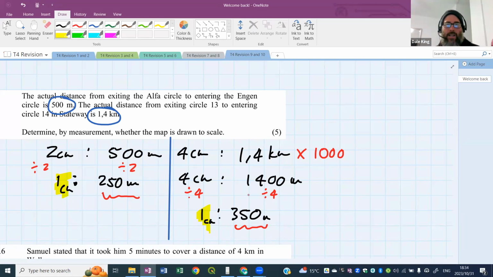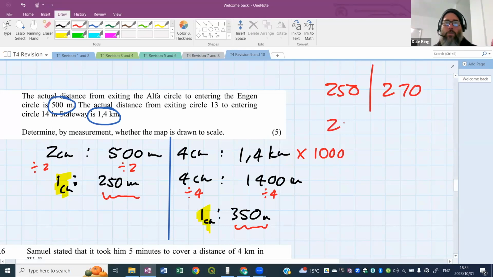But if it isn't, and it's quite obvious, this is not like 250 versus 270. All right, this is not 250 on the left and 270 on the right. 250 and 350 is a big difference. Okay. All right. So I would say that the scale is not correct, or that the values they gave us here are not correct. Okay.